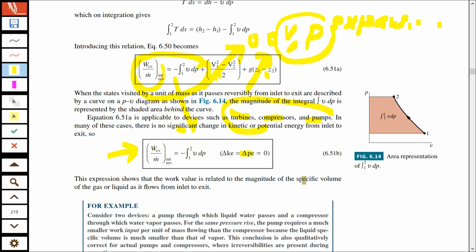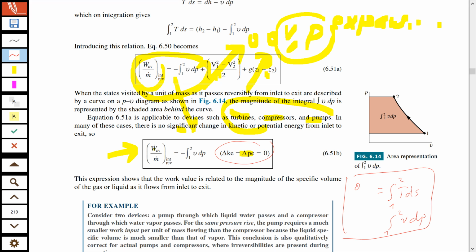So I can now rewrite these two formulas here in a box. Just as a reminder, we discovered two formulas, integral 1 to 2 TdS and integral 1 to 2 vdp. Of course, with this assumption.